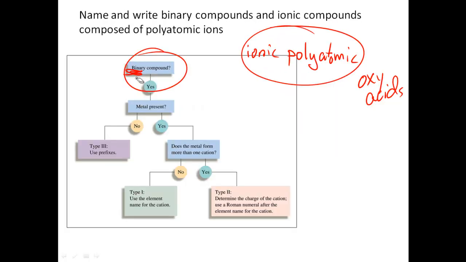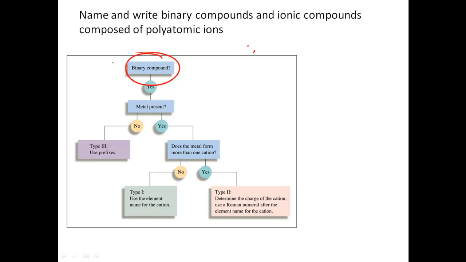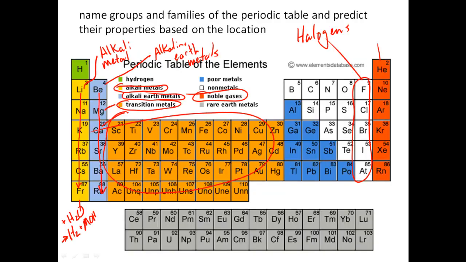So moving back here, let's see. If you look at any kind of compound and there are 2 elements in the compound, it will be a binary compound. Now, if there's a metal present, then you'll look at one of 2 things. Does the metal form more than one cation? Now let's glance back here at the periodic table and think about what metals form more than one cation.